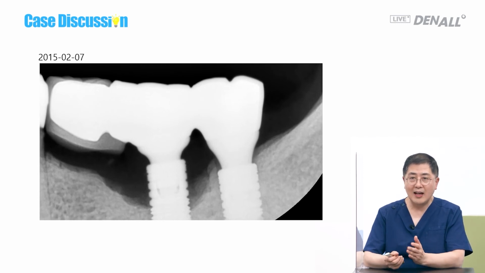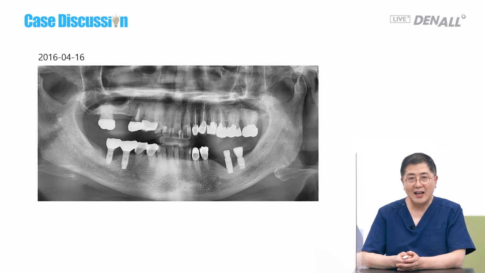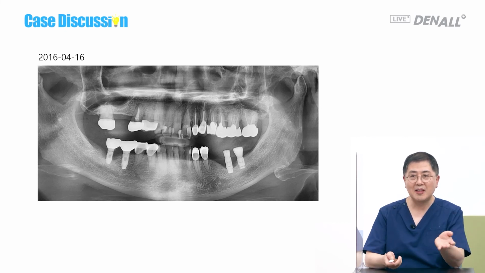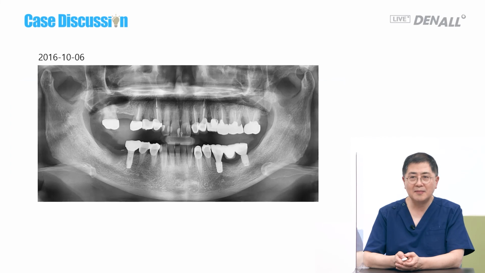I checked the patient regularly, and I realized cantilever should be very carefully done. I thought if occlusal load is reduced, the bone can be formed, but it was not the case. During the waiting period, on the other side, the bone resorbed, therefore both of them were explanted and a bridge was used there.